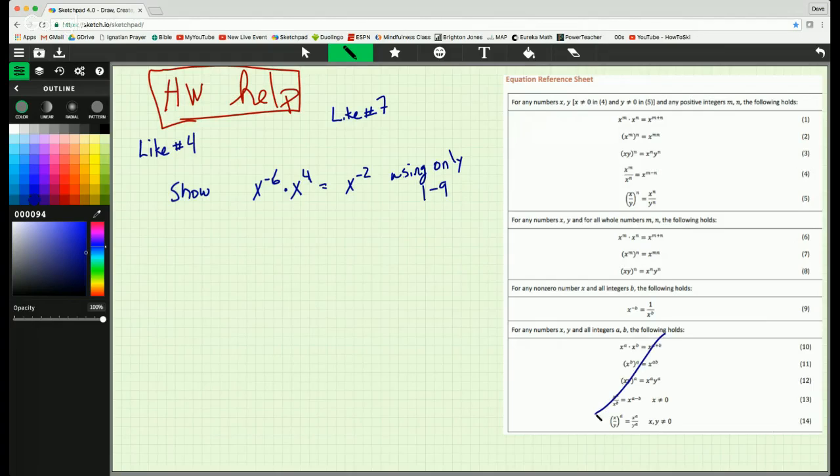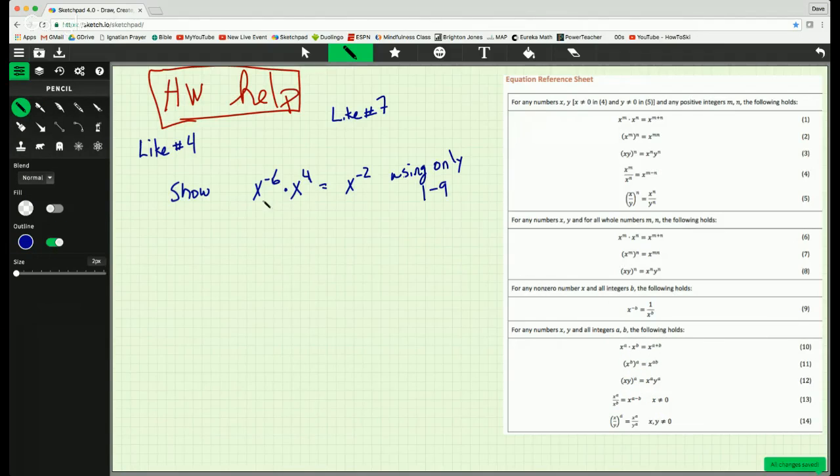I can't use these other ones. It'd be really cool if I could use number 10, I could show this using number 10 directly, because number 10 says I can have my exponents be any integer. But no, I can't do that. Sorry.